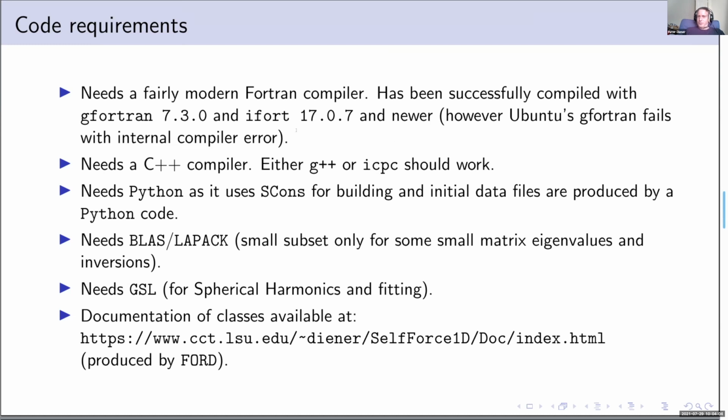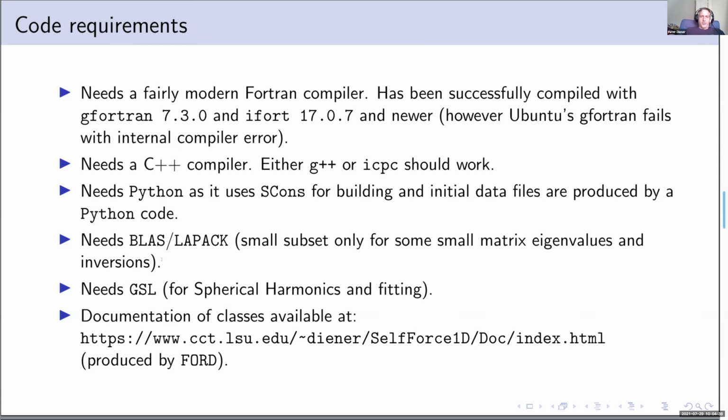I was able to compile gfortran from source on an Ubuntu system, and that works fine, so I don't know what they're doing. It also needs a C++ compiler, either g++ or the Intel icpc should work. It needs Python, as it uses a tool called SCons for building instead of make or CMake. And also the initial data files, if you want to use those, are produced by Python code.